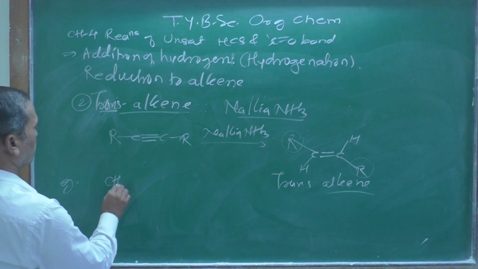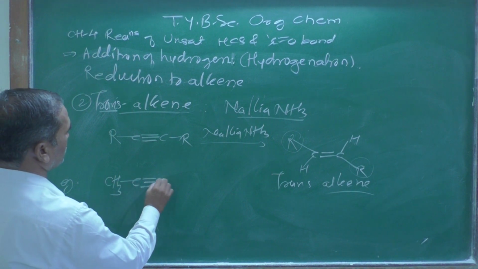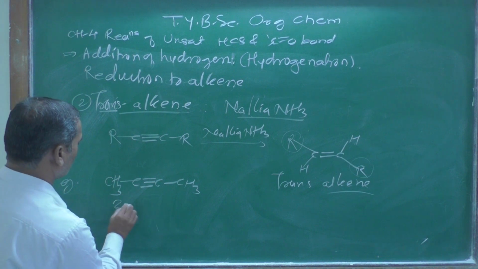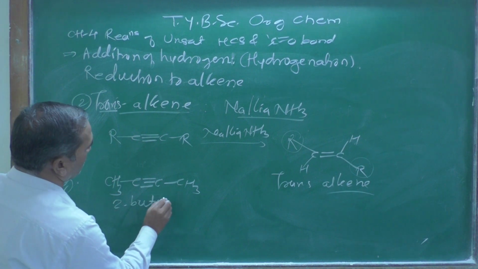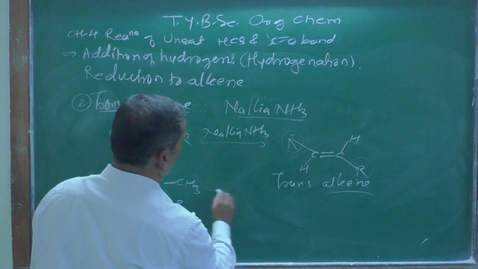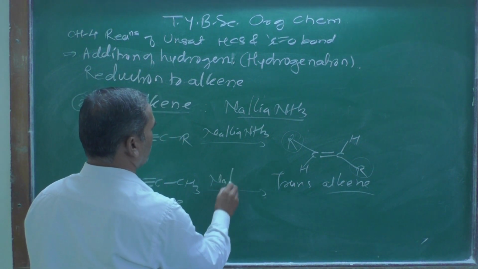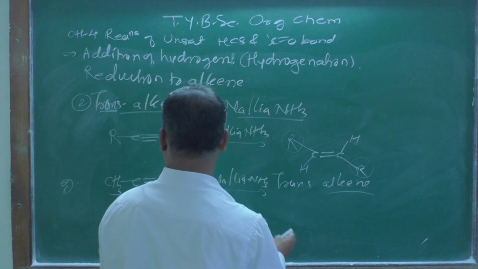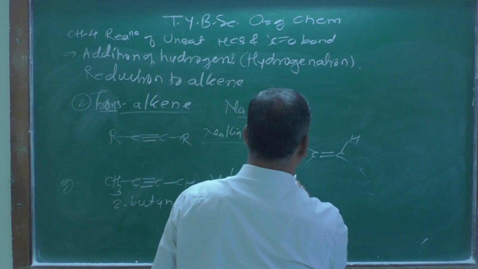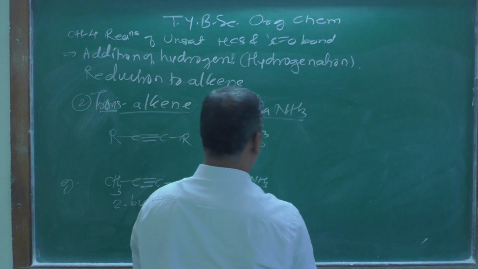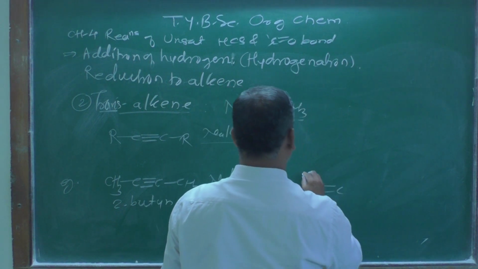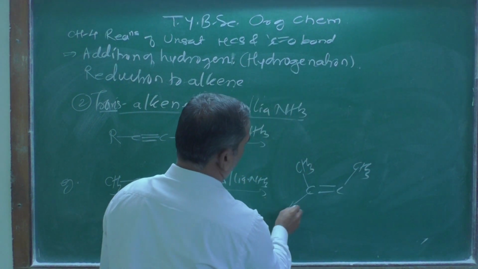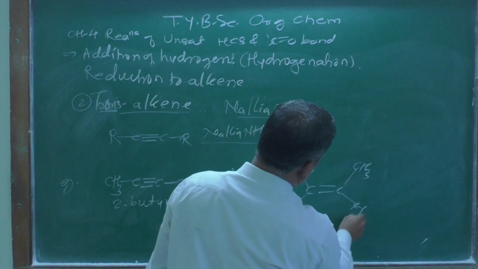Now let us look at an example. Suppose we have this one, CH3, C triple bond C, then CH3, right? The name of this compound, as we know, is 2-butyne, right? And that 2-butyne is further treated with sodium in the presence of liquid ammonia NH3, which produces this compound: C double bond C. Here a CH3, another CH3, one hydrogen atom here, one hydrogen atom.